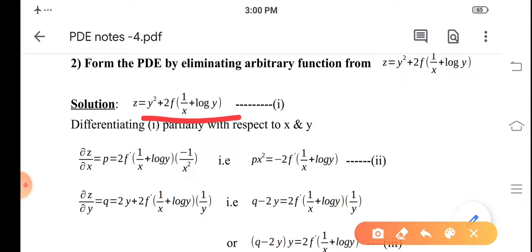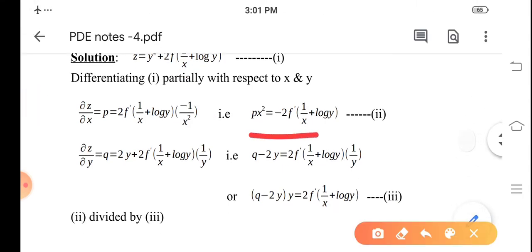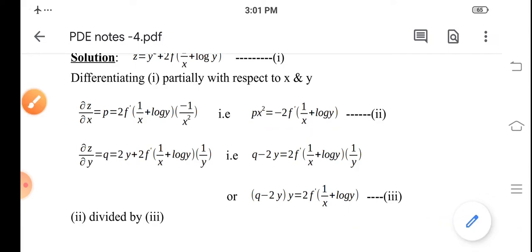So, derivative of y square is 0. And if we differentiate the second term with respect to x partially, we are getting 2 into f dash of 1 by x plus log y into derivative of 1 by x, that will be minus 1 by x square. That is, p into x square can be written as minus 2 into f dash of 1 by x plus log y. That is equation number 2.